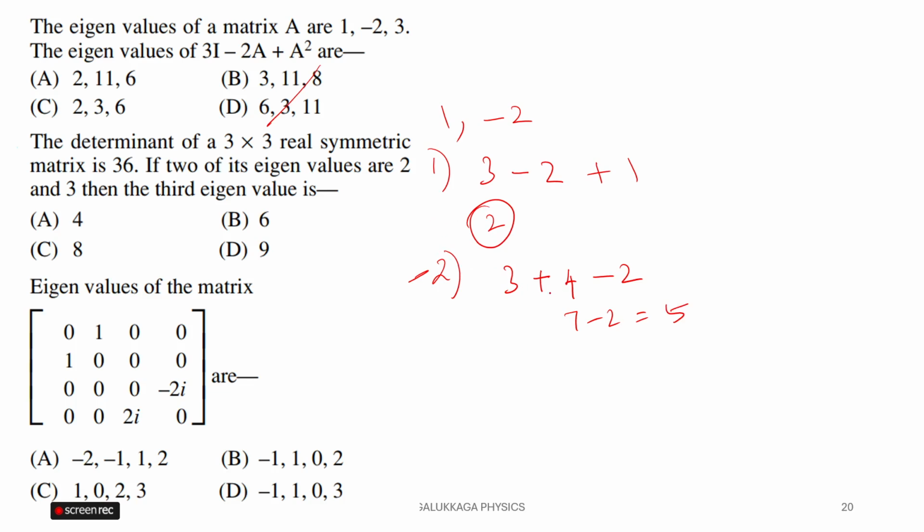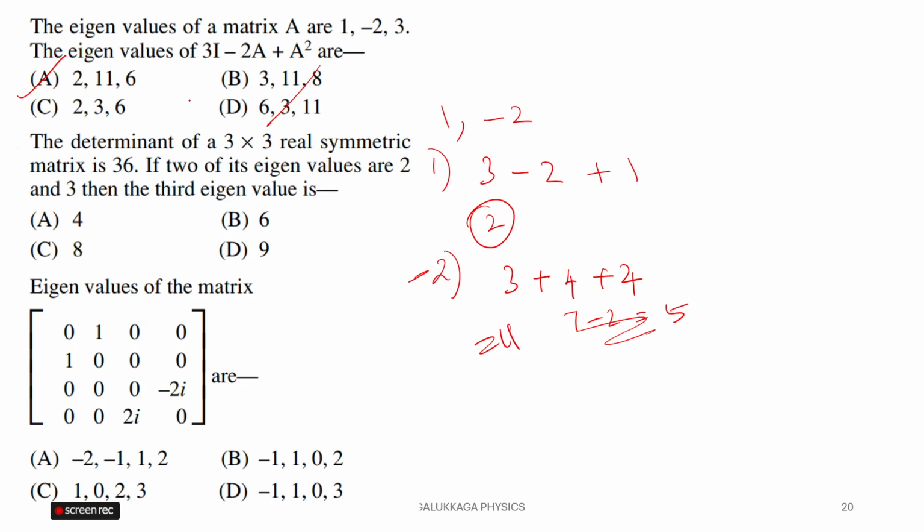Okay, so 3, we have 2A; minus 2 into A is plus 4, and A square is plus 4. So 4 plus 4 is 8, 8 plus 3 is 11. So the answer is 11 here. So option A is valid, for 2 comma 11.